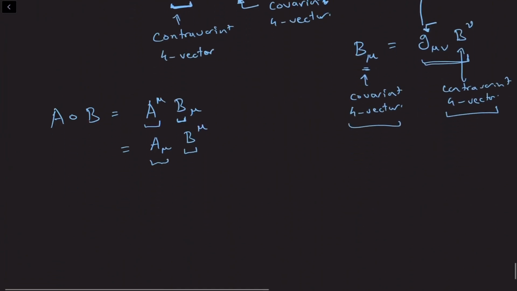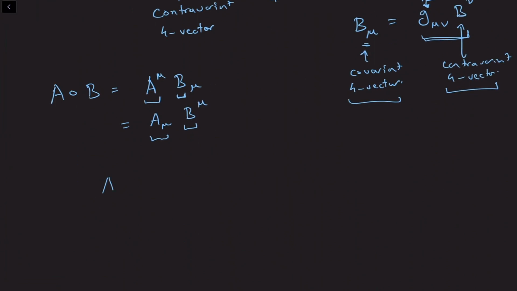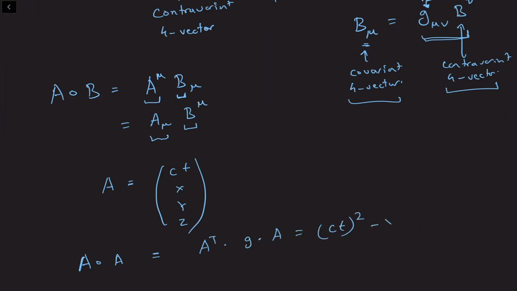Okay, so to be concrete, let's take A to be CT X, Y, Z. And let's consider A dot product with A. So A dot product with A is A transpose dot G dot A, which you can write as CT square minus X square minus Y square minus Z square.